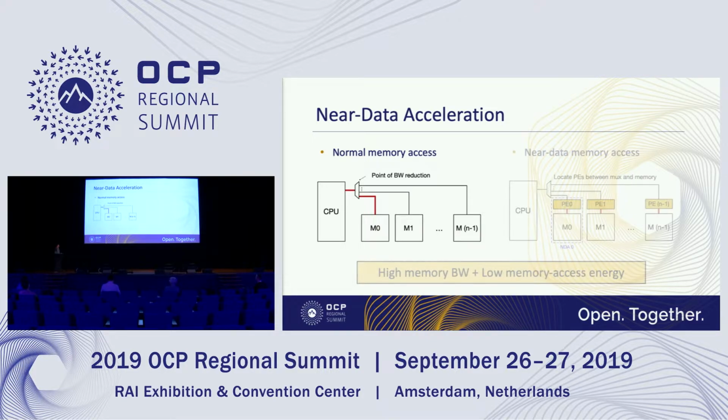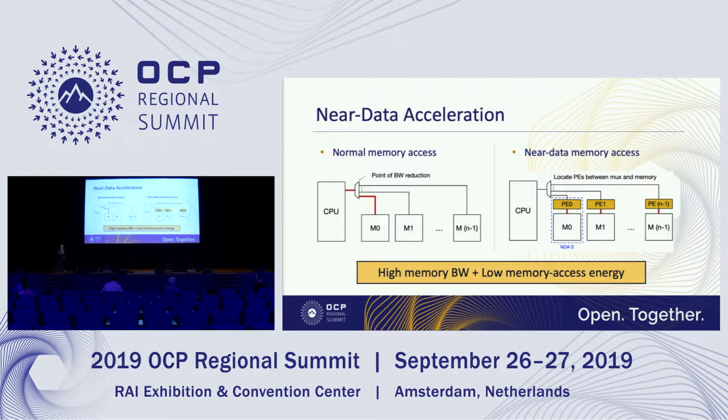The concept of NearData memory acceleration is that by locating the processing elements between MUX and memory, we can scale the bandwidth along with the capacity. In this way, since we are accessing NearData, we can also save energy for memory access. So the benefit of NearData acceleration is high memory bandwidth and low access energy.